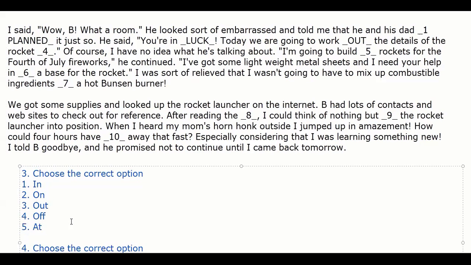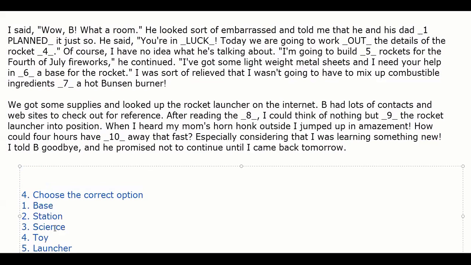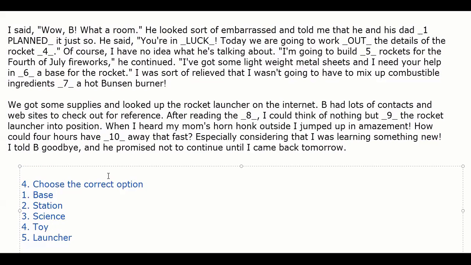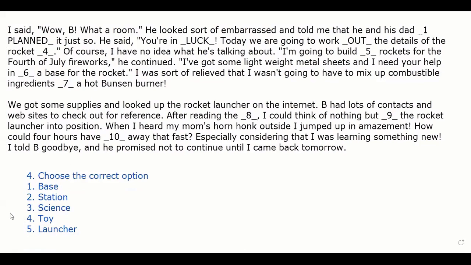Good, Meghna. Let's try this one now. This is too easy. What will come at the fourth? Today we are going to work out the details of the rocket. What?